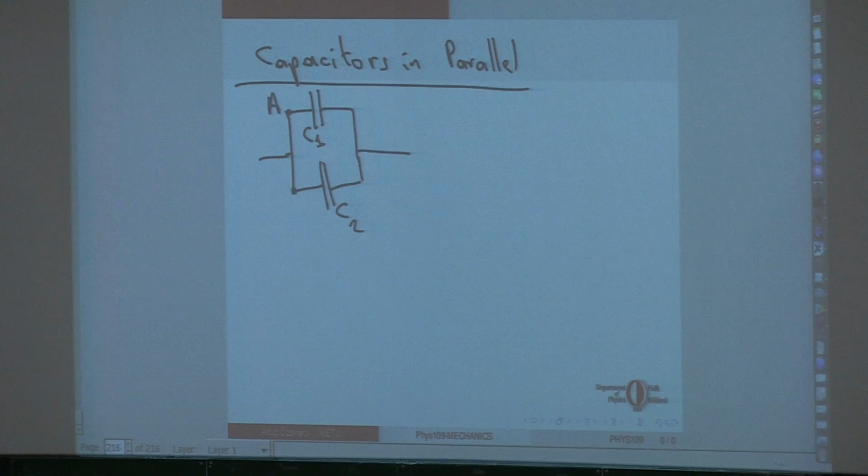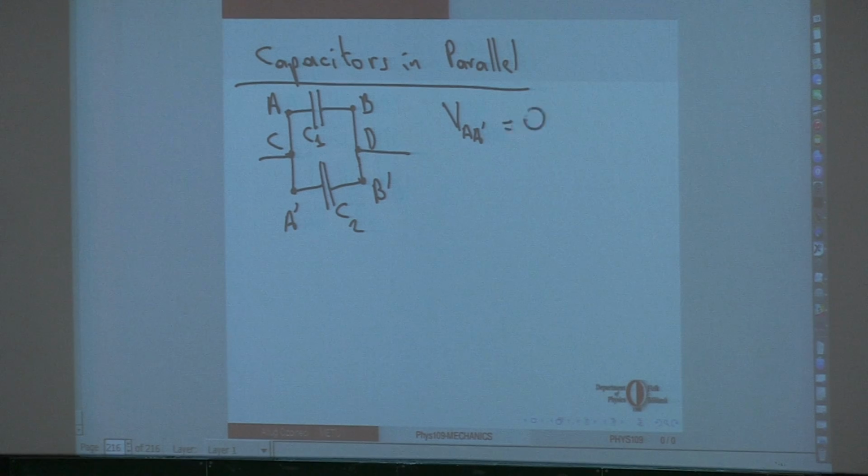Point A prime, point B prime, point C, and point D. Now, what is the potential difference between A and A prime? We are over here, A and A prime. The line is a conductor. It's 0.